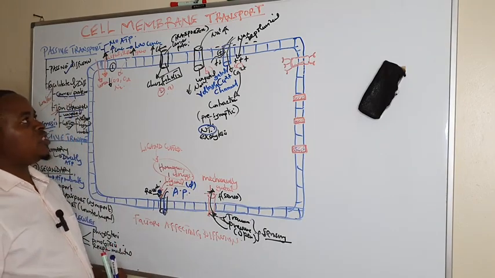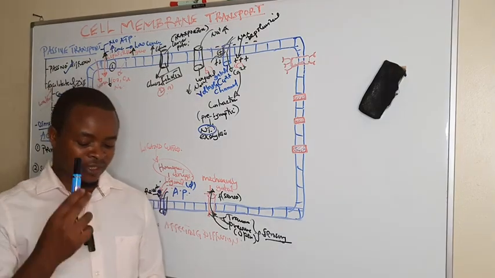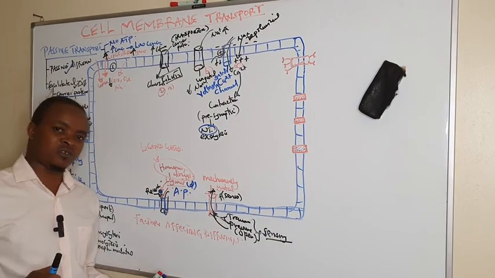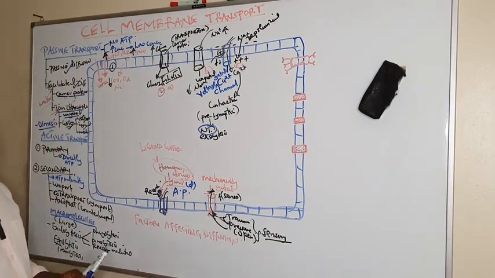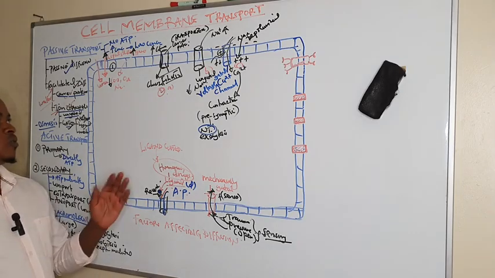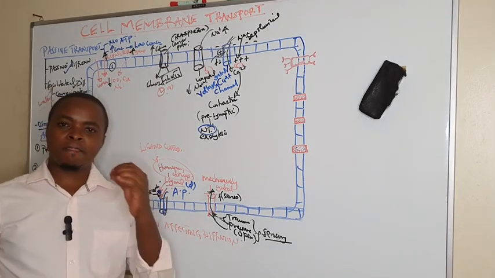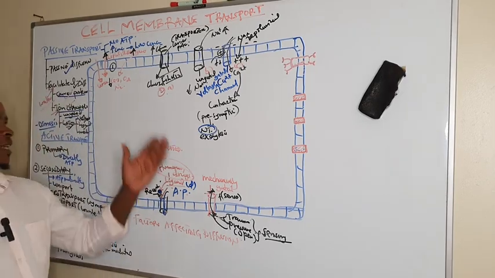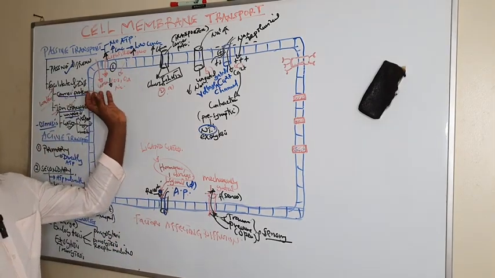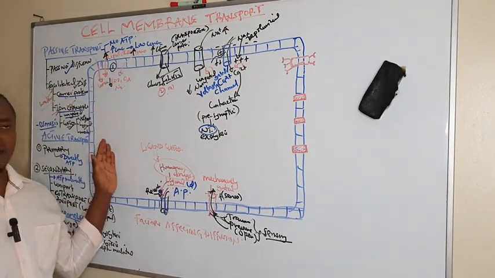So as we are finishing forms of passive transport, in summary, we have looked at passive diffusion, which is movement of materials from regions of higher to lower concentration, and we have seen it is majorly for lipid-soluble components and non-ionized components like gases and smaller molecular weight substances, which cross directly a phospholipid bilayer.